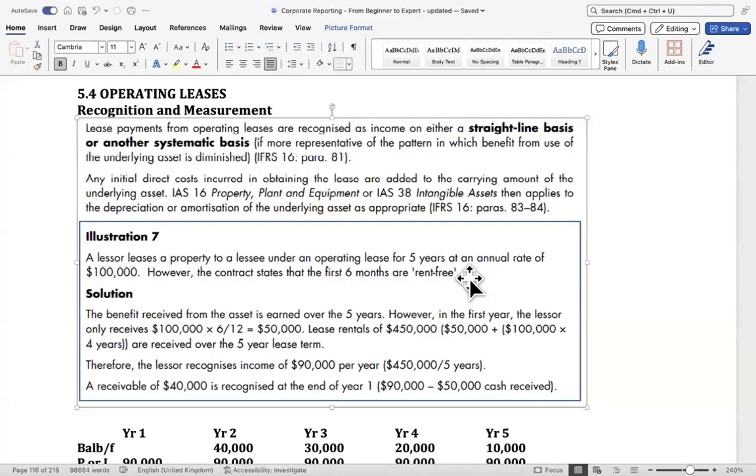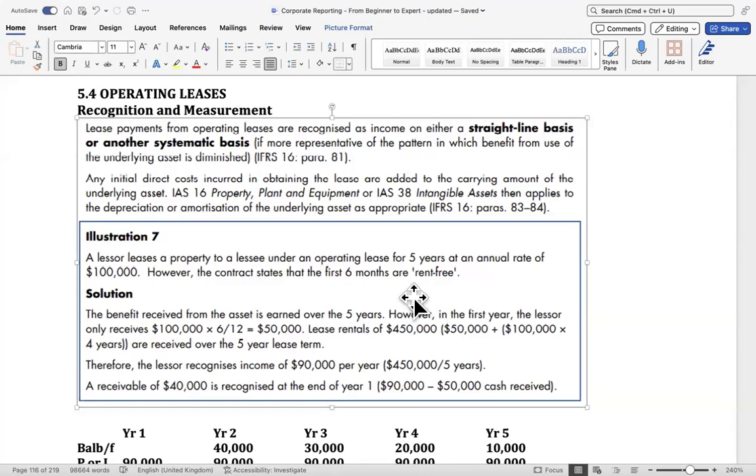They said that the contract states that the first 6 months are rent free, which goes to show that in the first year, what the lessor will receive is not 100,000 because it's giving 6 months rent free. That means in the first year, the lessor would receive 50,000.